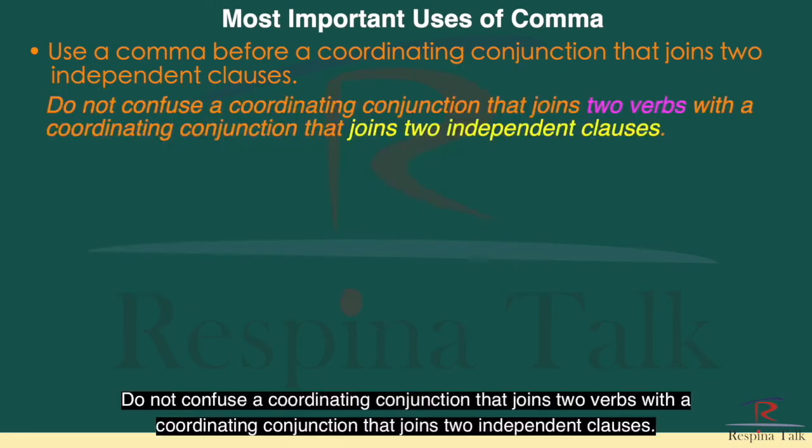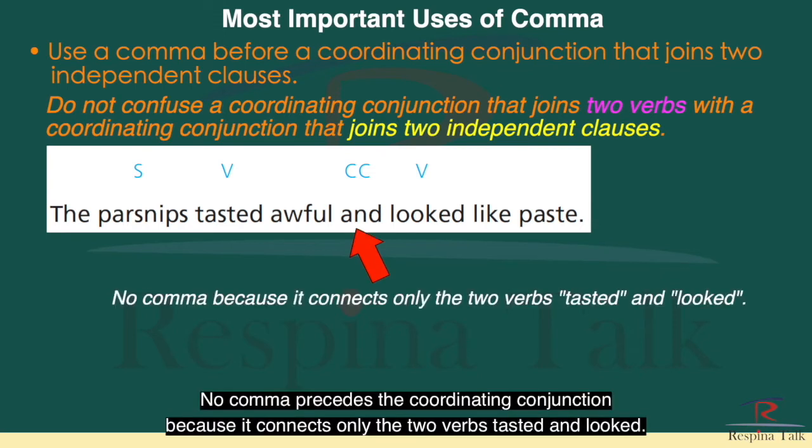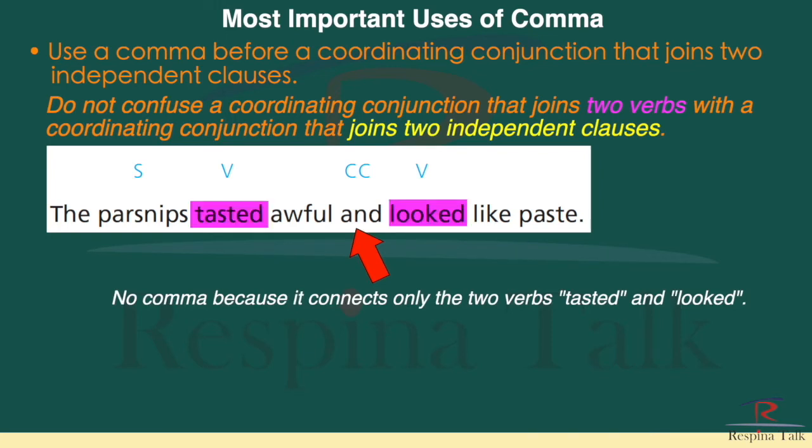Do not confuse a coordinating conjunction that joins 2 verbs with a coordinating conjunction that joins 2 independent clauses. For example, the parsnips tasted awful and looked like paste. No comma precedes the coordinating conjunction because it connects only the 2 verbs tasted and looked.